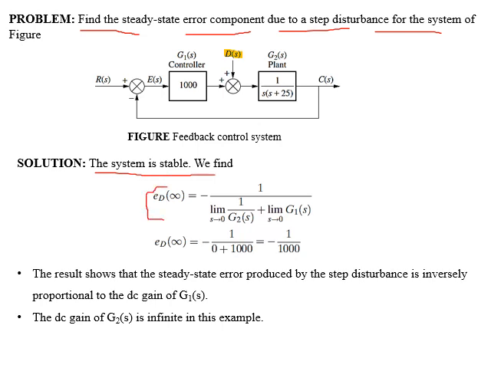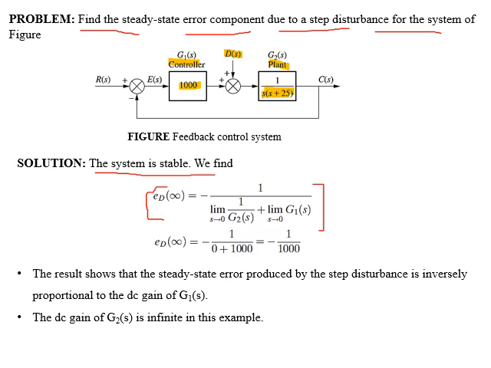In this system, the controller part consists of a gain whose value is 1000, whereas the plant part is represented by the transfer function 1 divided by s into s plus 25.